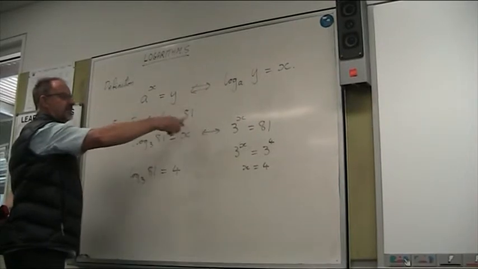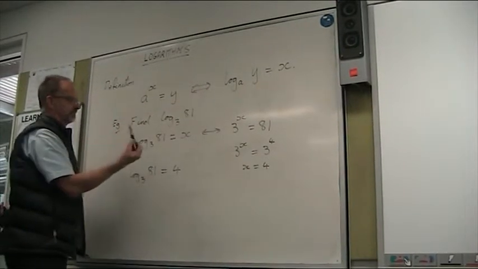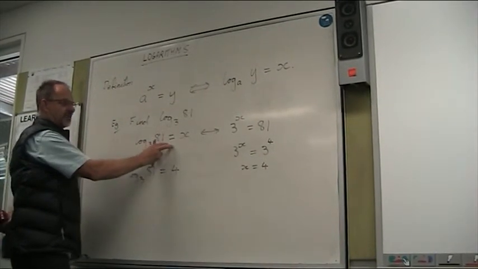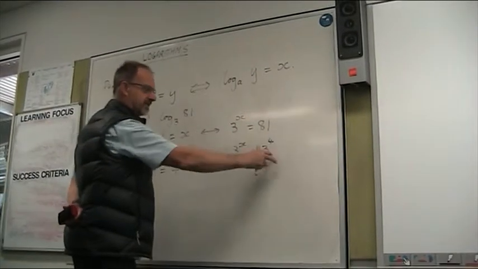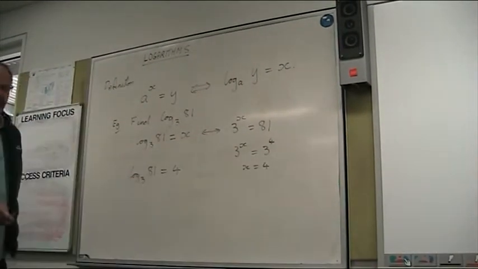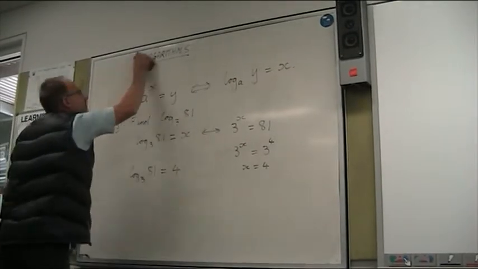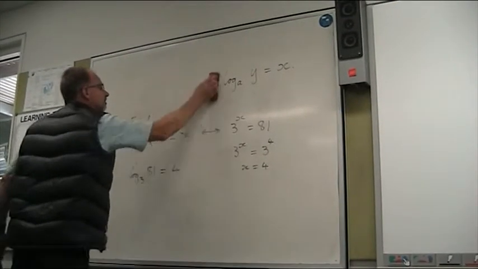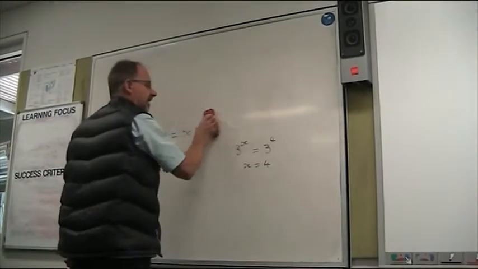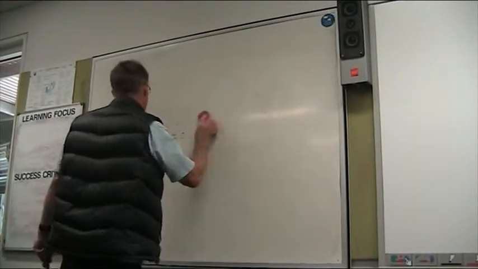If you were doing a sum like this, yes you would. So we turn from a log equation to an index equation to help us work that out. All right, so logs and exponentials are the inverse of each other.